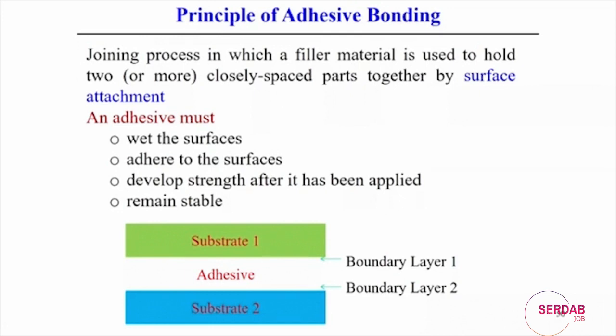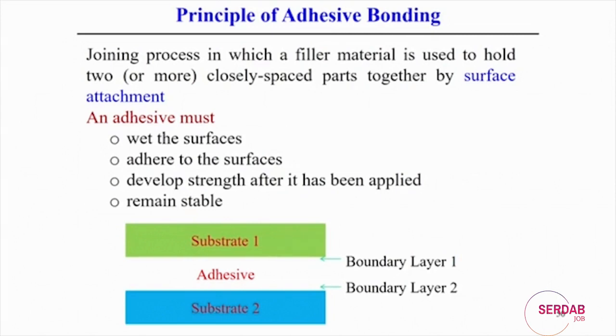Here, the joining between the two components is done using some other type of filler material, and filler material here means the adhesives, with or without the application of heat. It may or may not be necessary to apply heat.